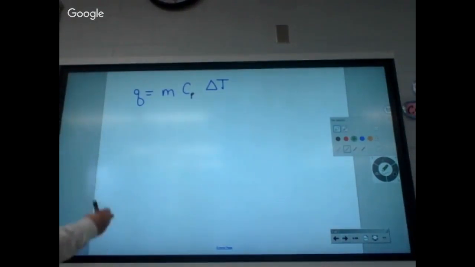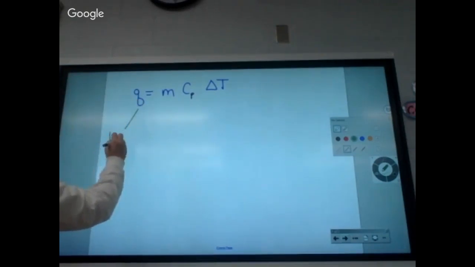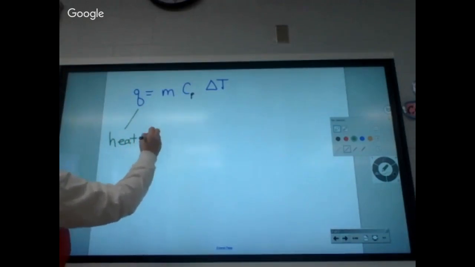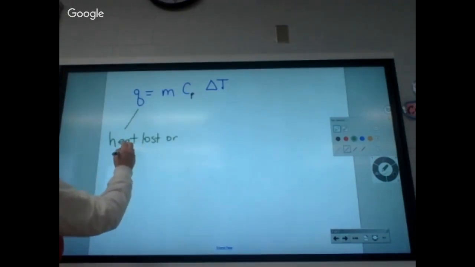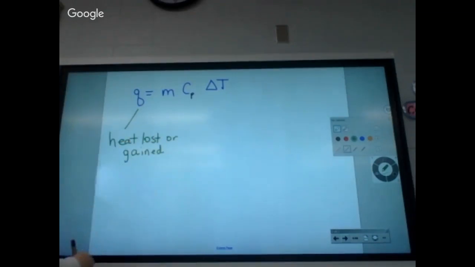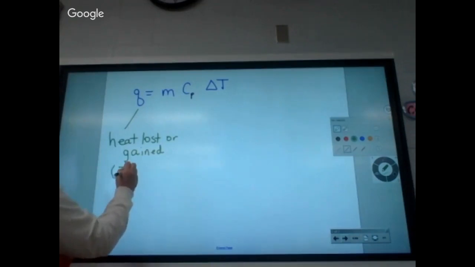Now, Q means heat lost or gained. Just because I said heat lost does not mean it will be a negative number, okay? It will still be a positive number. It is also found in joules.